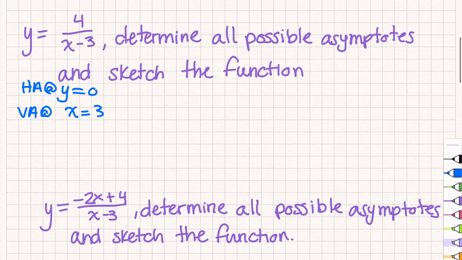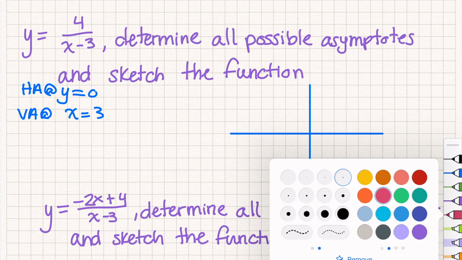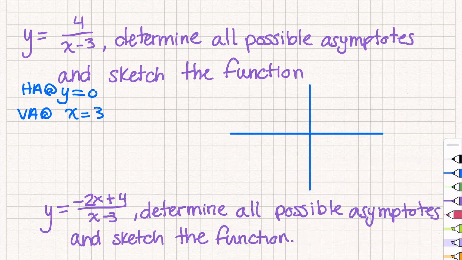So we're going to now sketch the function. When we're sketching the function, it does not need to be exact. However, we know the asymptotes, so that's the first thing we're going to sketch. So we know we have a horizontal asymptote at y equals 0.